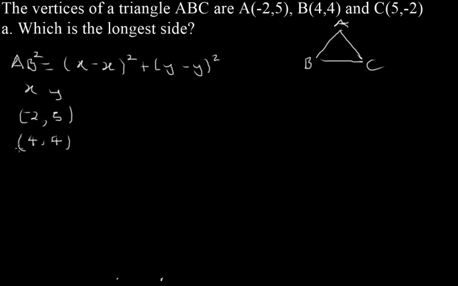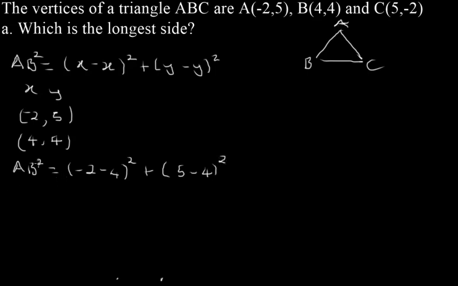So we write that equation there, and this time we replace the variables with the values that we have there. So for x, we're going to say negative 2 minus 4, this is squared, plus, for y we'll say 5 minus 4, and this is also squared.